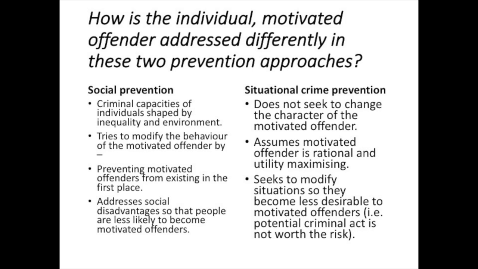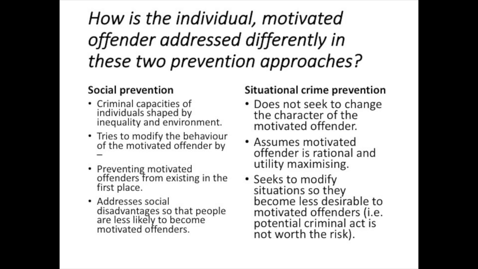Now, as for situational crime prevention, it doesn't see as its business changing the character of the motivated offender. It doesn't really try to intervene at that fundamental level. Instead, it assumes that this offender is rational and utility maximizing. They're trying to get the best risk-reward ratio so that the reward is worth much more than the risk, if that makes sense.